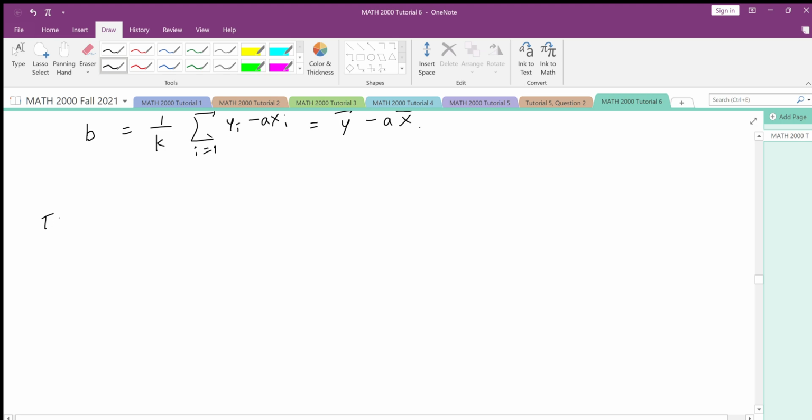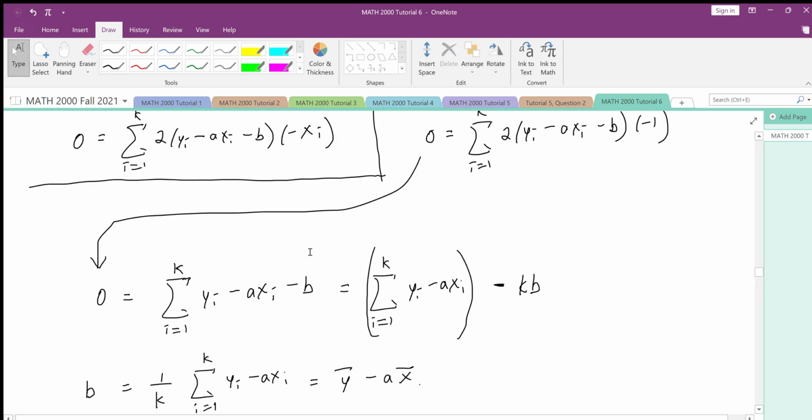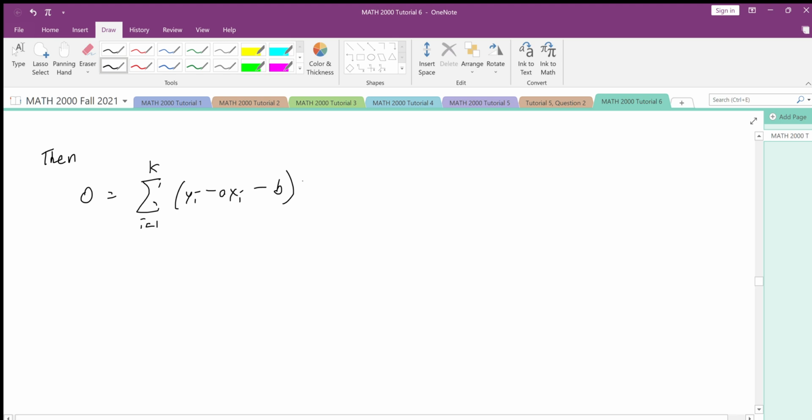So the other expression was this, the sum from 1 to k of (yi minus a xi minus b) times minus xi, but the minus sign doesn't really matter, so I could divide it out by minus 1. So this just becomes an xi. And I'm substituting in the b from above.